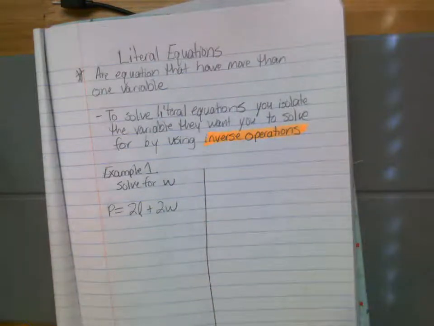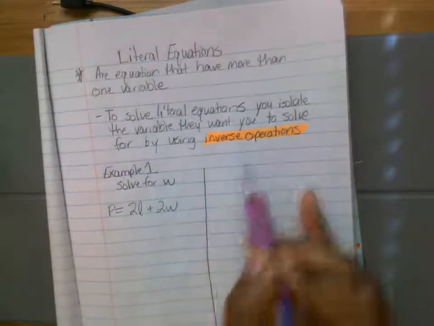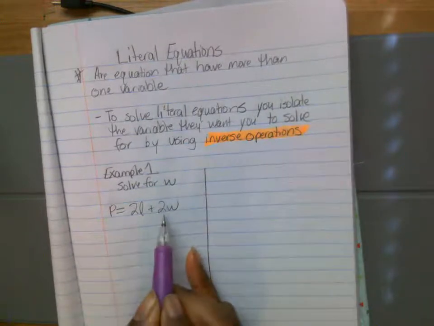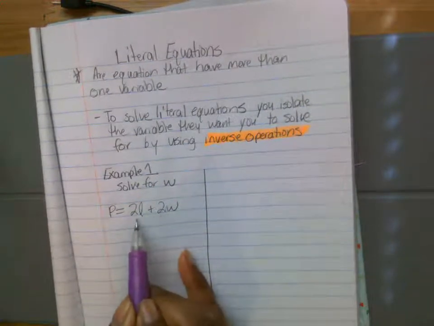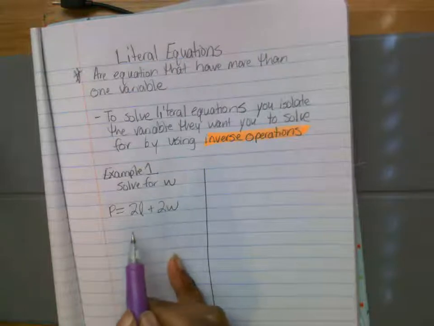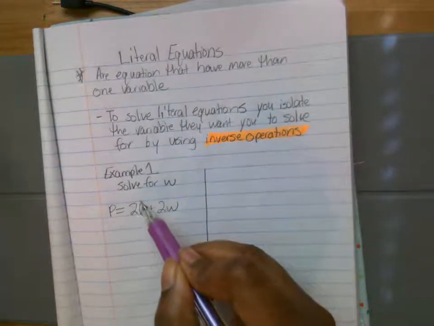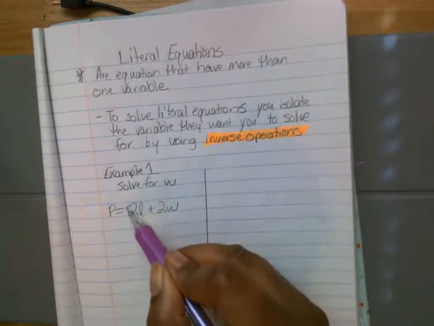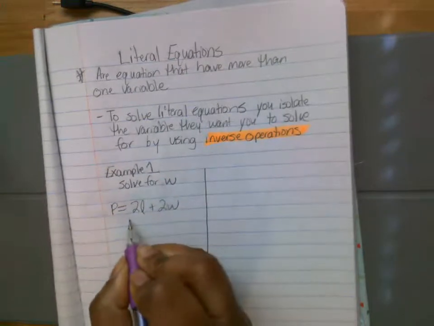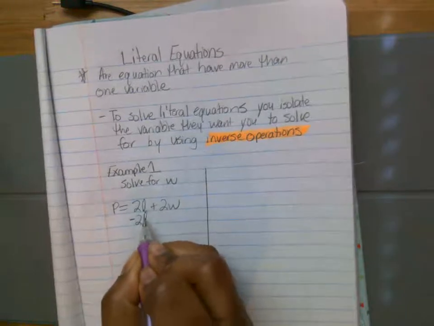In order to solve for W, you have to isolate W by using inverse operations. So you want to get rid of numbers and terms, just like a regular equation. Here I want to get rid of this positive 2L. So to get rid of a positive 2L, we subtract 2L on both sides of the equal sign.